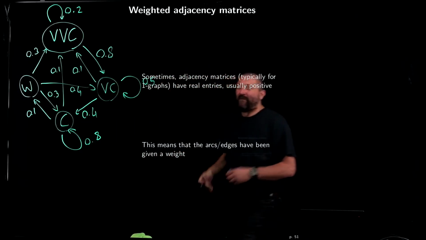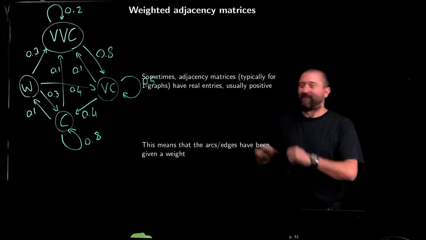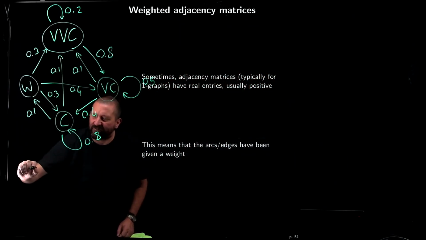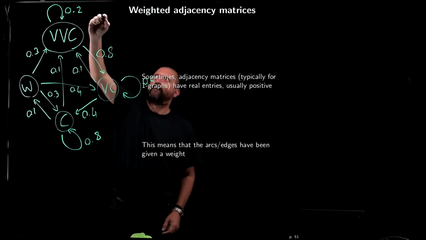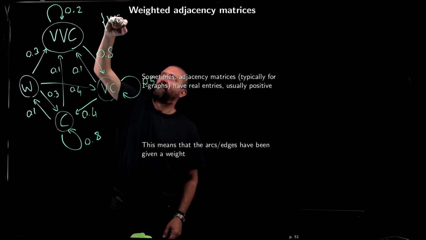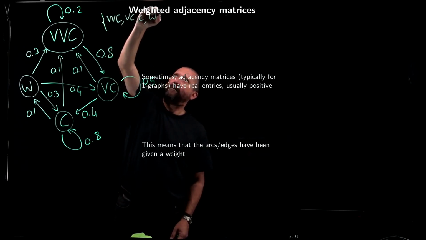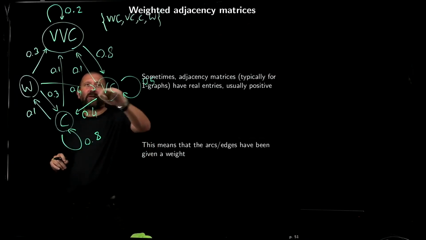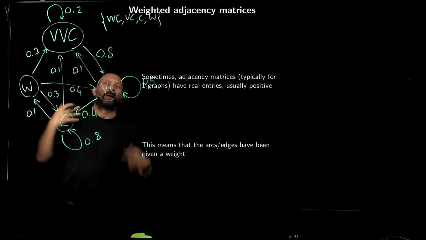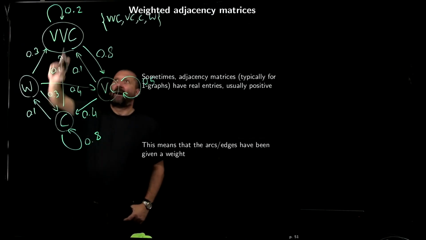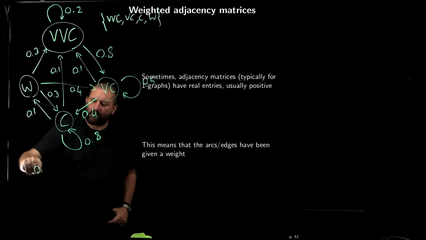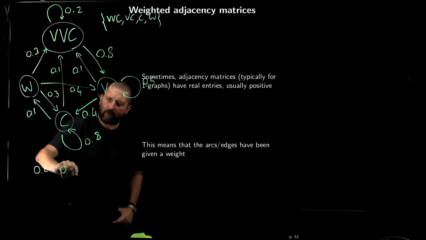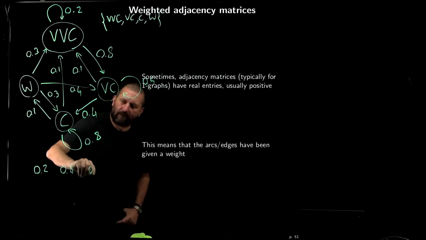So if I look at the matrix here, let me show you, I can write the states as VVC, VC, C, and W. In my weighted adjacency matrix, I would have 0.2 here, 0.8 here, nothing, nothing.